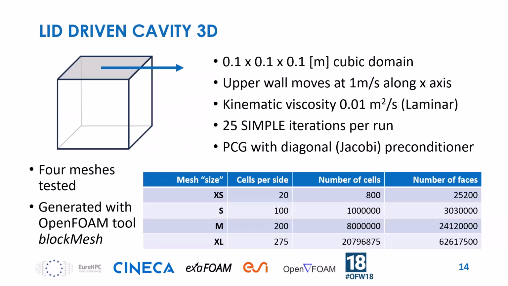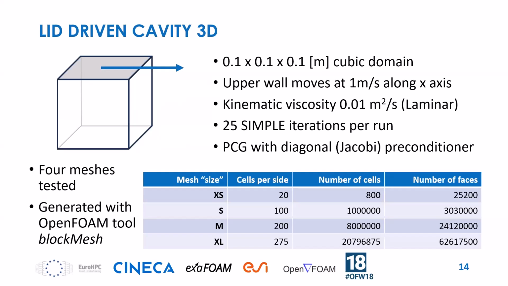To obtain some results, we used a very simple test case. It's a three-dimensional lid-driven cavity, basically a cube with a sliding face on top, very low viscosity, so that it's laminar, 25 iterations of SIMPLE, and our preconditioned conjugate gradient. We generated the meshes with blockMesh. We have 4 meshes that we're testing of different sizes.